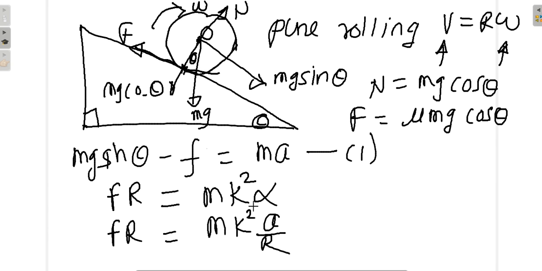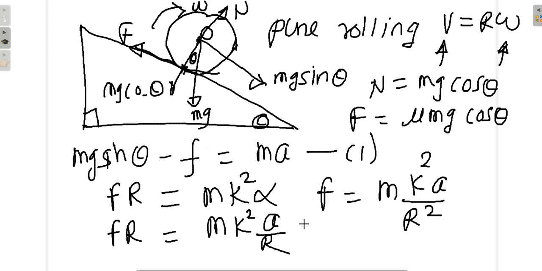So what will be F? F will be mk square into A upon R square. Just substitute it over here and I will get the answer for acceleration.